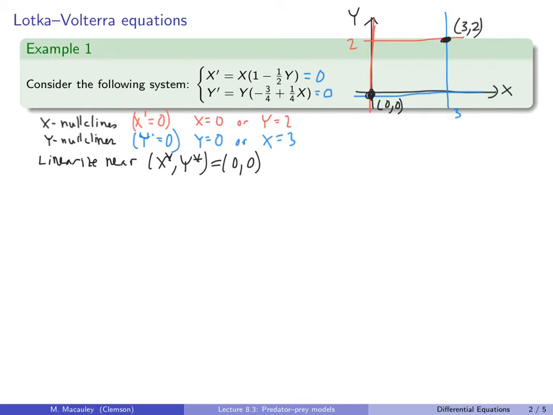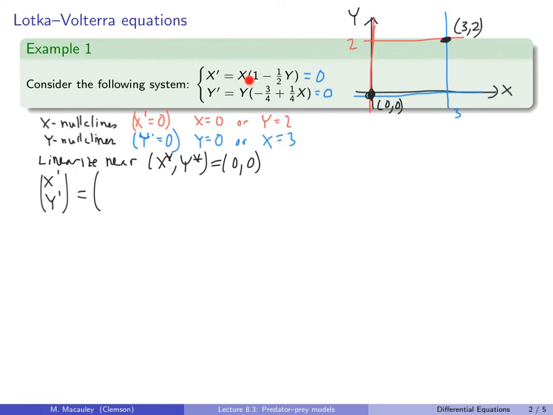So to do that, let's multiply this thing out and ignore the nonlinear terms. So like x times y, that's all we have, x times y and y times x. We don't have any x squareds or y squareds in here. So here we have x prime, y prime is, well, I think we can do this one in our head.